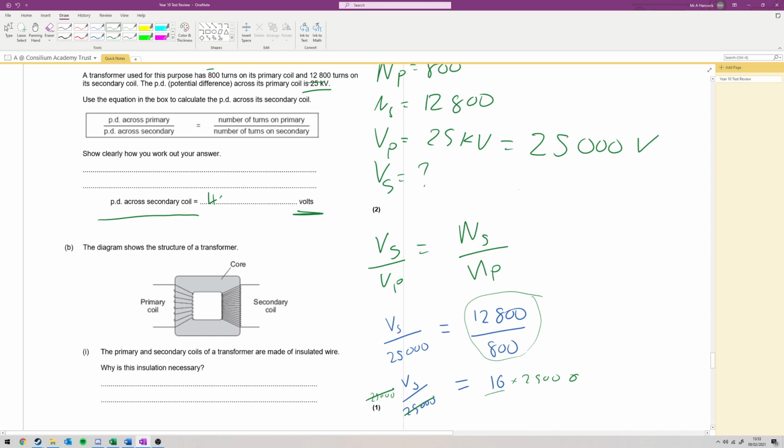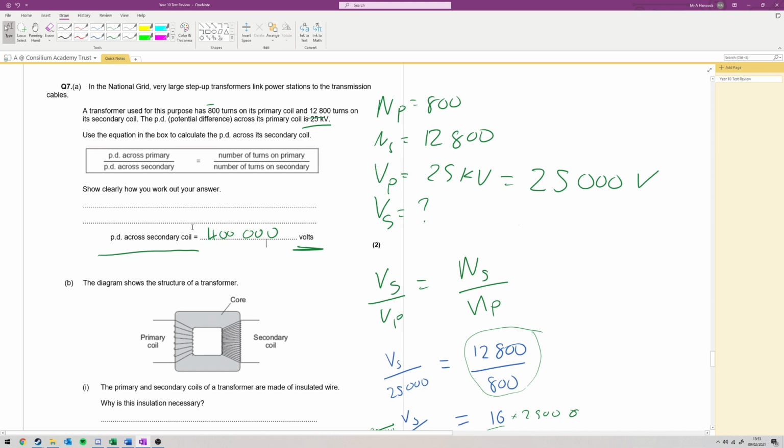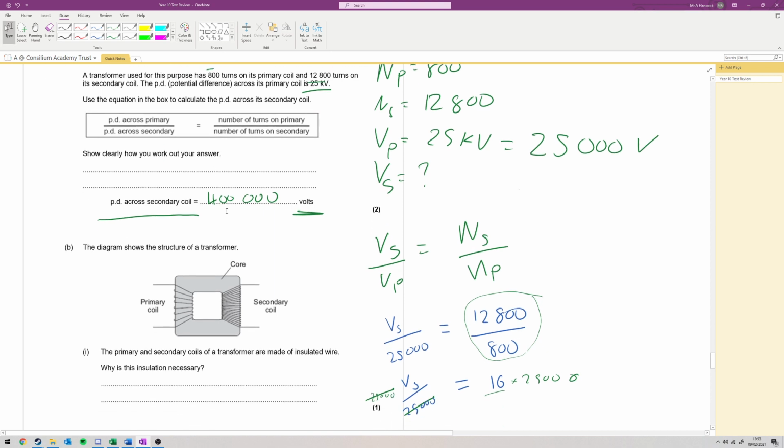Big number. 400,000 volts. Right. Makes sense. It says it's a very large step-up transformer. So it's stepping up to a massive voltage, which is good, because it's going to be on the power lines, it's going to be safe, and it's going to save a lot of energy loss.